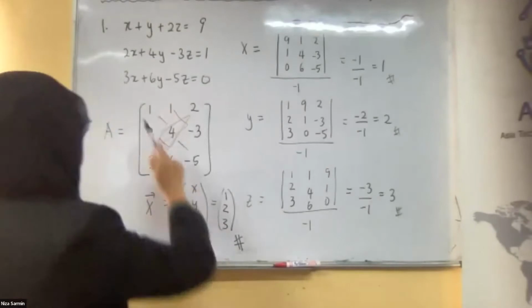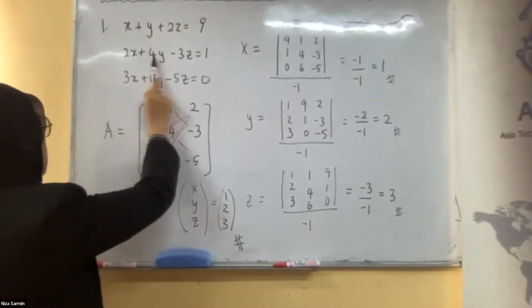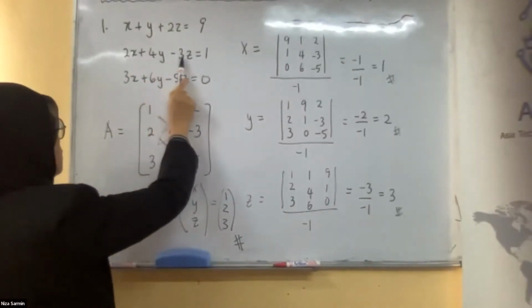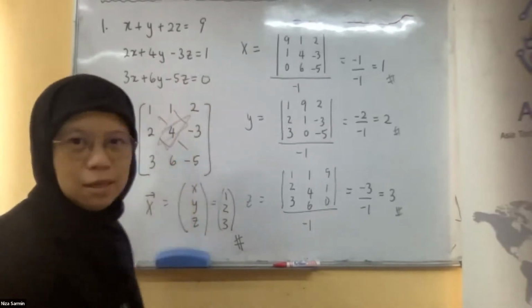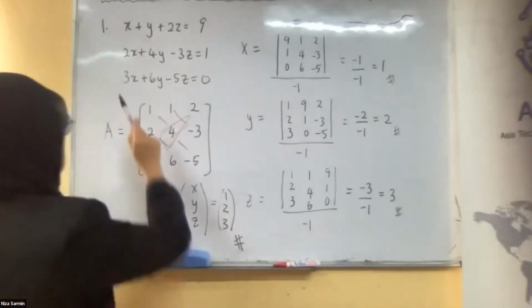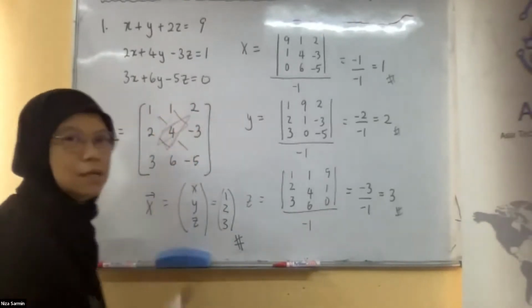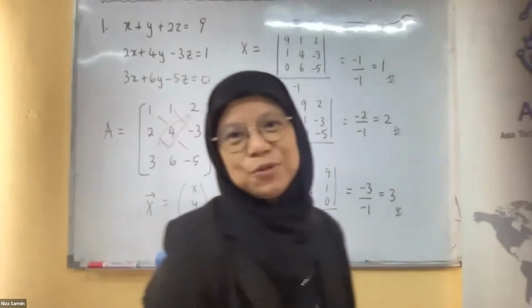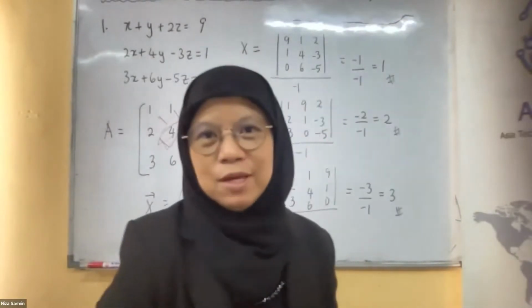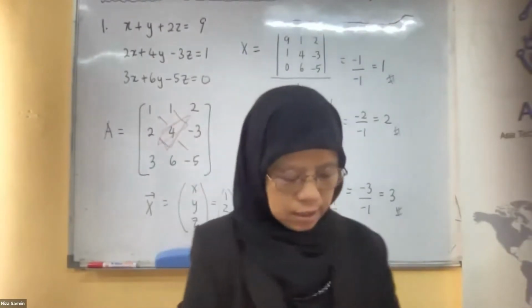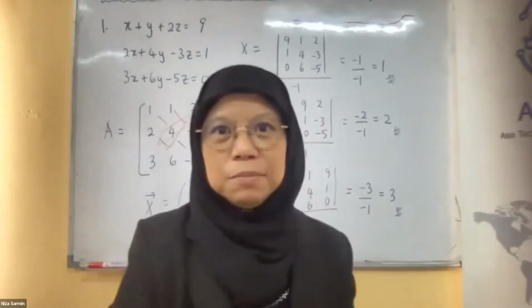Check. 1, 2 plus 8, 10, 10 minus 3 times 3, 9, is 1. 1 is 3, 2 is 12, 3 plus 12, 15 minus 15, 0. Okay, if it's okay, give thumbs up.